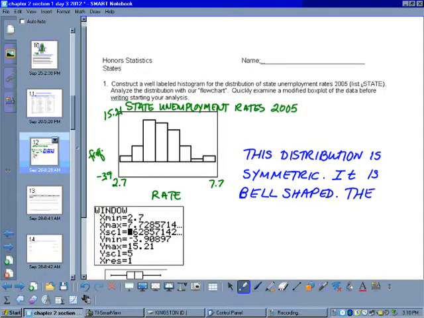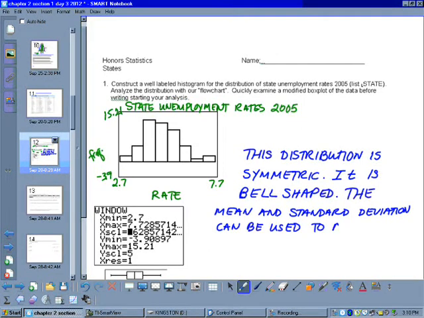The mean and standard deviation can be used to analyze the data. There are no major outliers or major deviations to the pattern. So I'm not going to write a sentence about any of that.